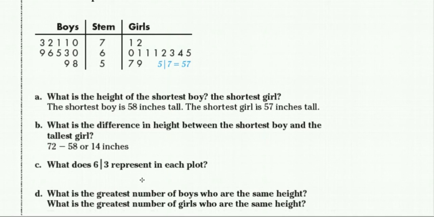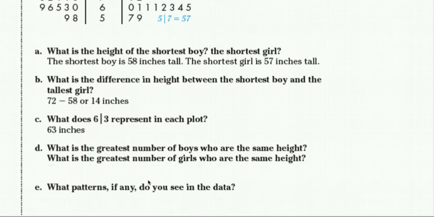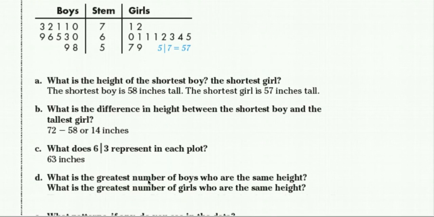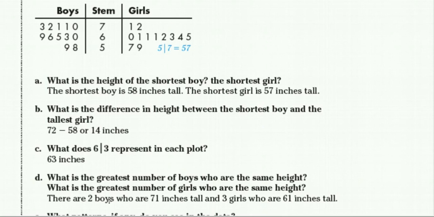What does 6|0 represent on each plot? It simply represents 63 inches. What is the greatest number of boys who are the same height? We're basically asking for the mode. For the boys, that would be 71 inches, and for the girls, that would be 61 inches.